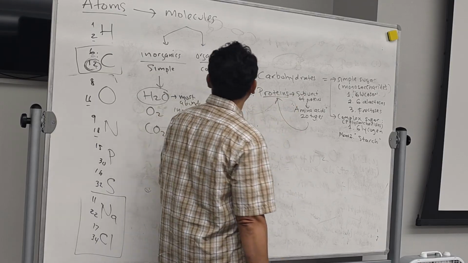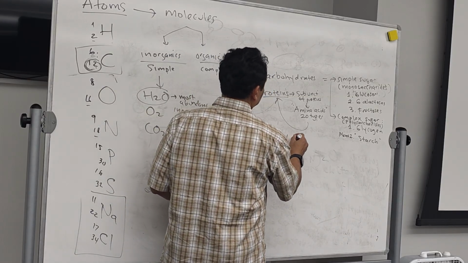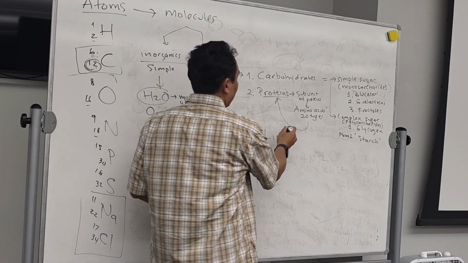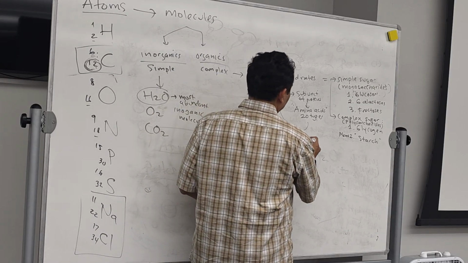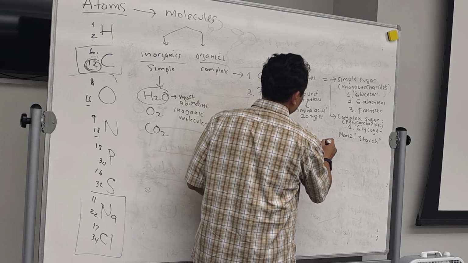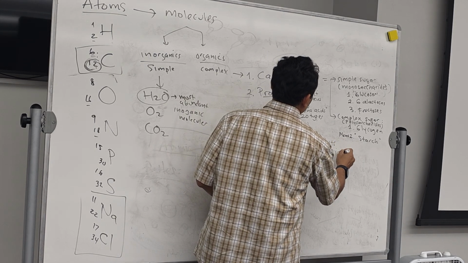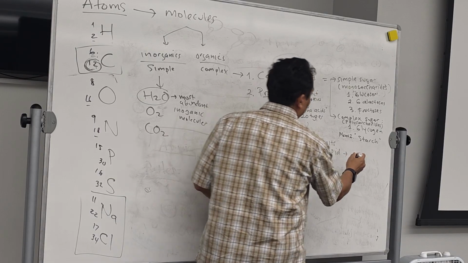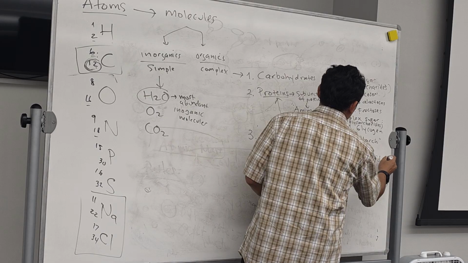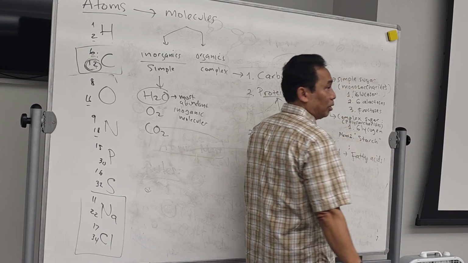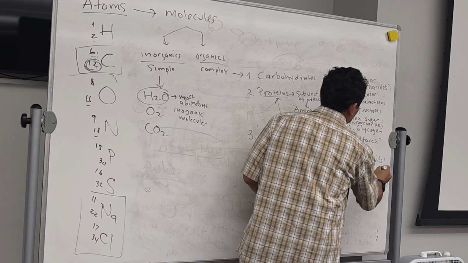The next organic molecule in our body is called lipids. Okay, lipid, which is fat. So the subunit of lipid is called the fatty acid. Okay, so fatty acid plus glycerol.